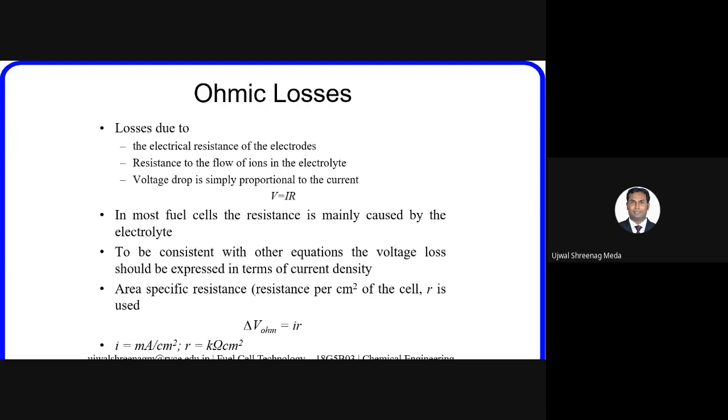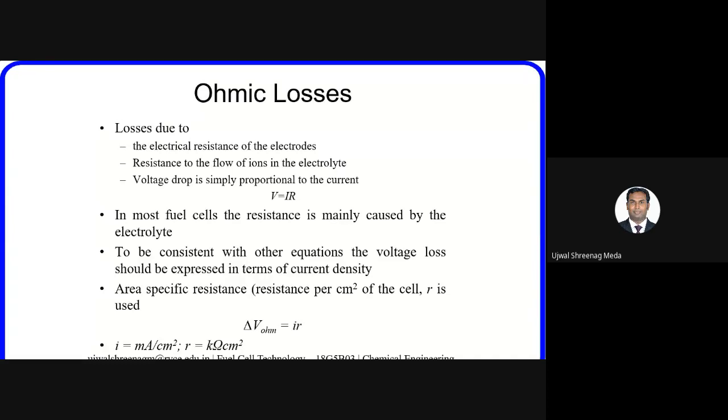It is proportional to the current that is being drawn, which can be represented with the equation V equals IR. I is the current being drawn from the fuel cell, V is the cell voltage, and R is the resistance offered. And so far, at all the places, we have expressed this current in the form of current density, that is current per unit area, usually unit area of the electrode.